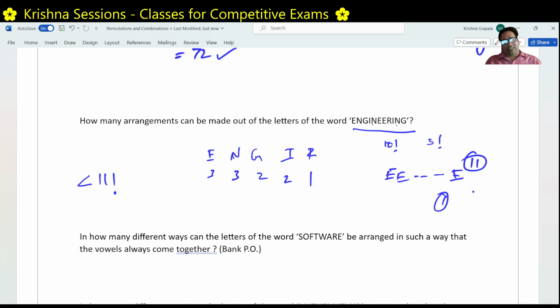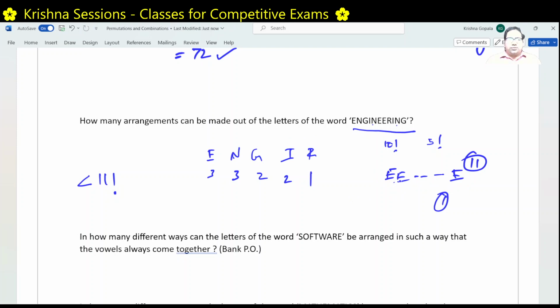Even if there are 100 E's, if all letters are the same, there is no other way. So this is the extreme case. As the number of repetitions of letters increases, the number of permutations goes down. The extreme case is when all letters are the same, then the permutation becomes one only.